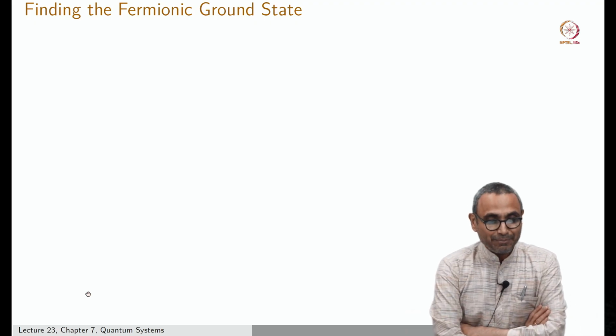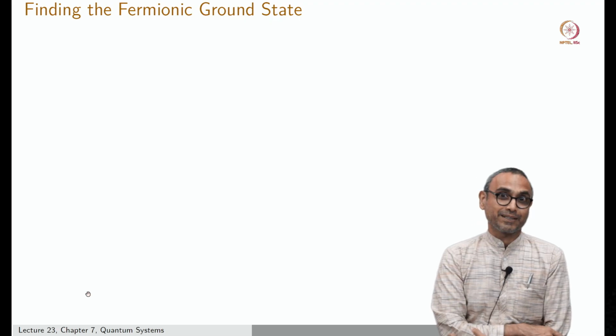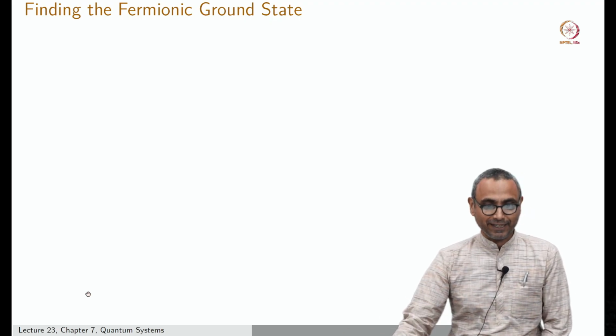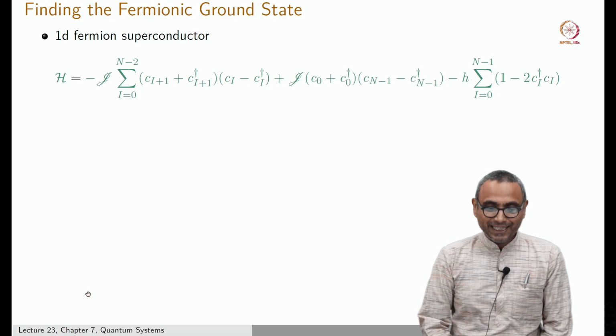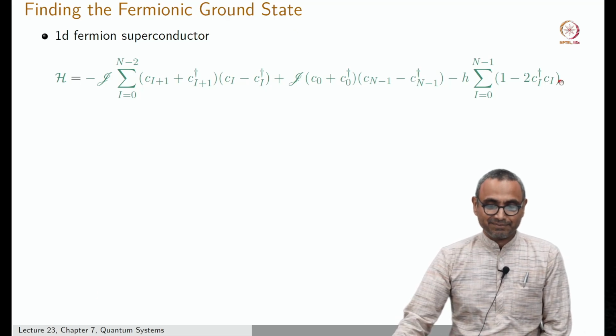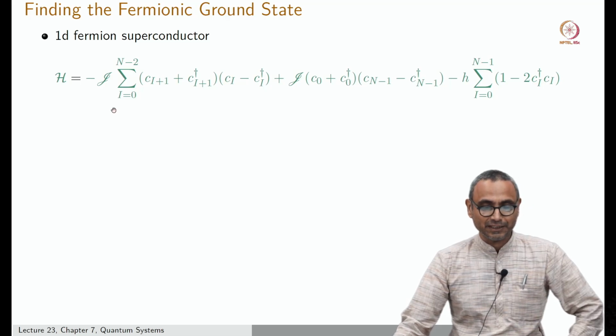Okay, now the question becomes, how do I find the ground state of this Hamiltonian? Okay, so let me walk you through this. So we saw that this is a one-dimensional superconductor. Like I said, you can bring in techniques of analysis of such problems from superconductivity to this problem.